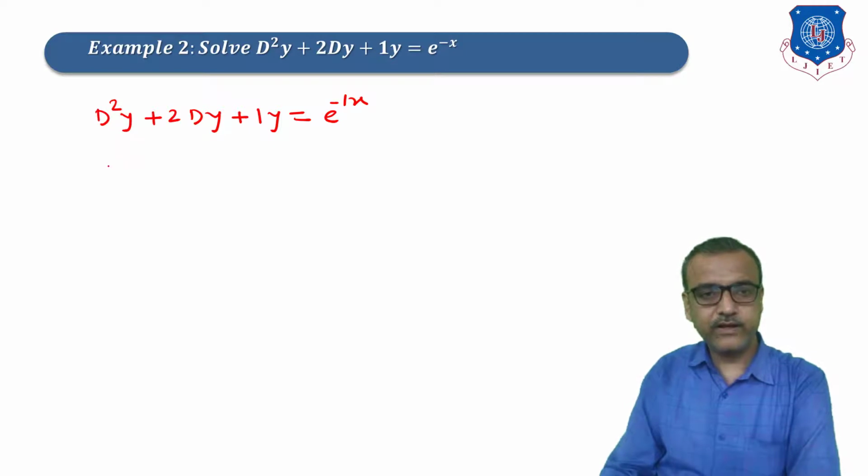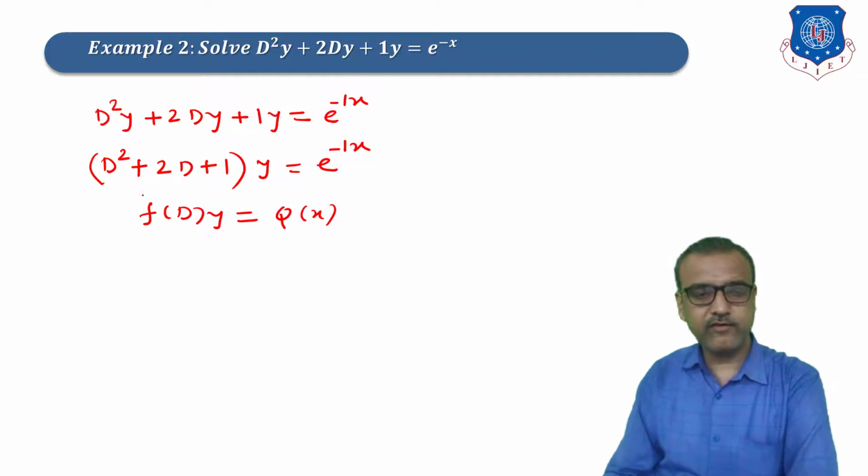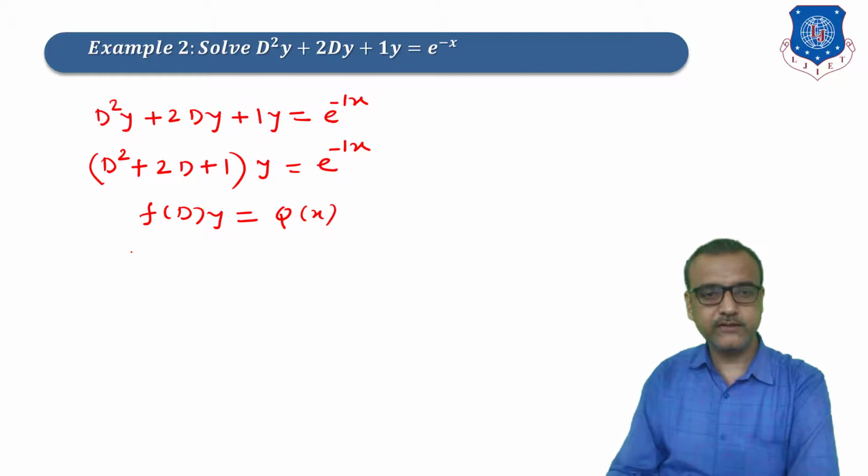So we have (D square plus 2D plus 1)y equal to e raised to minus 1x, and this equation is of the form f(D)y equals Q of x, where Q of x is e raised to minus 1x and f(D) is D square plus 2D plus 1, and its solution is y equals CF plus PI.